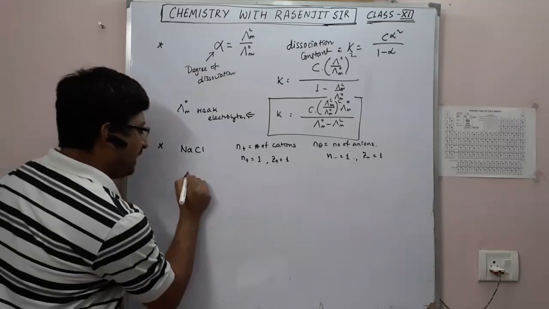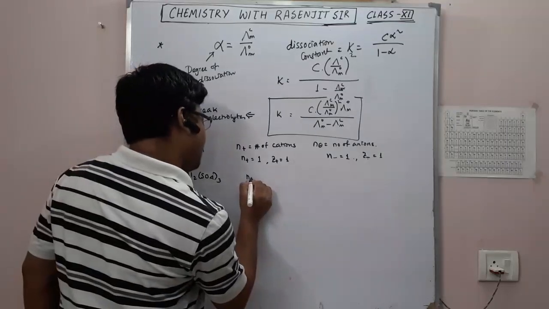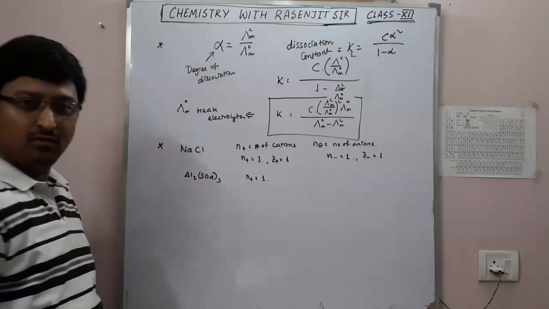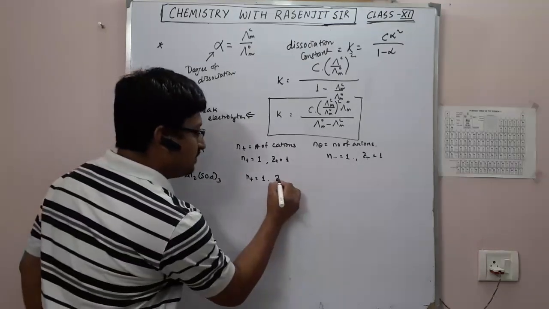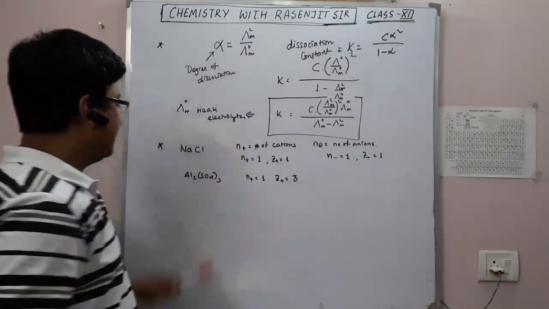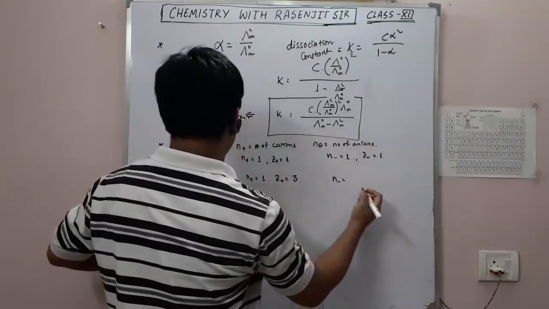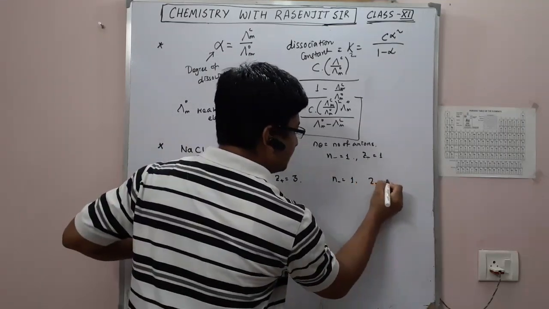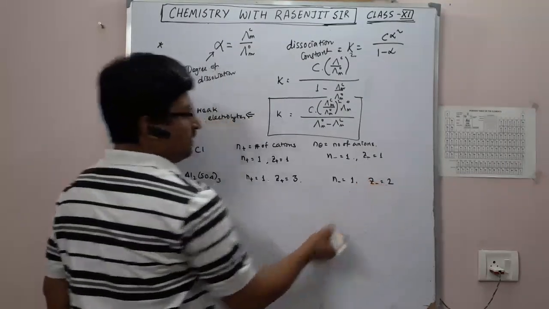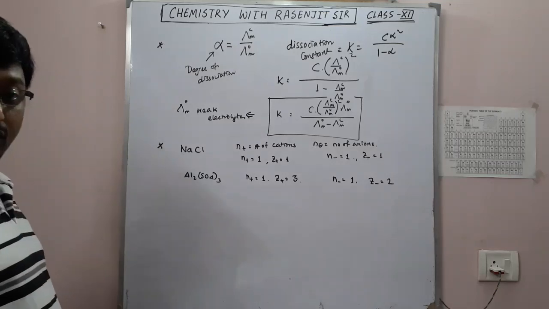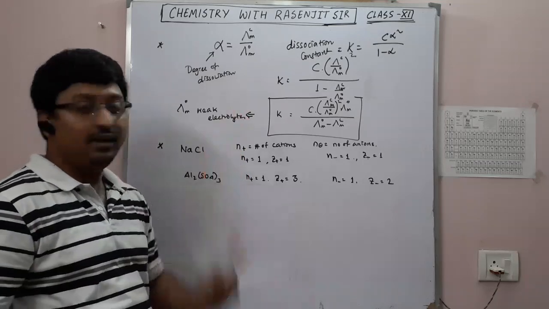Now for Al2(SO4)3, let's assume N plus is 1. In this case, Z plus is 3, because aluminium has a plus 3 charge. And N minus, let's say 1, if I am assuming. Now, if you know the lambda values of the corresponding ions, then you can easily calculate the lambda m0.